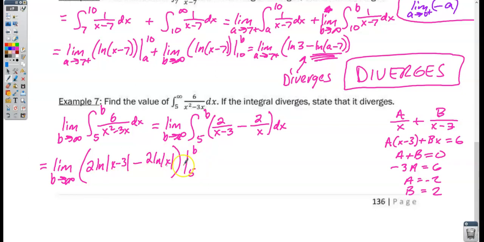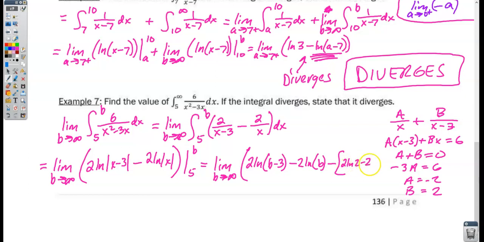b is approaching positive infinity, so in this case, both of those natural logarithms are going to be positive, so I can drop the absolute value signs, and this turns into the limit as b goes to infinity of 2 natural log of the quantity b minus 3 minus 2 natural log of the quantity b minus 2 log 2 minus 2 log 5.